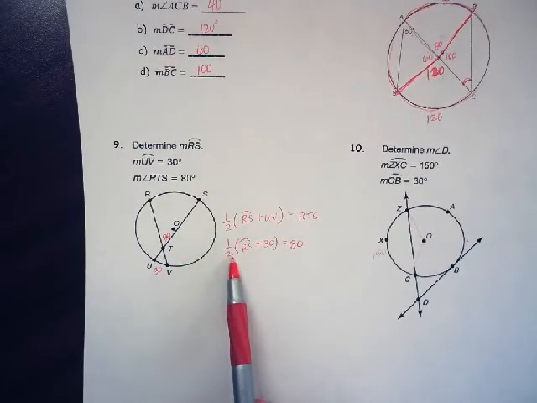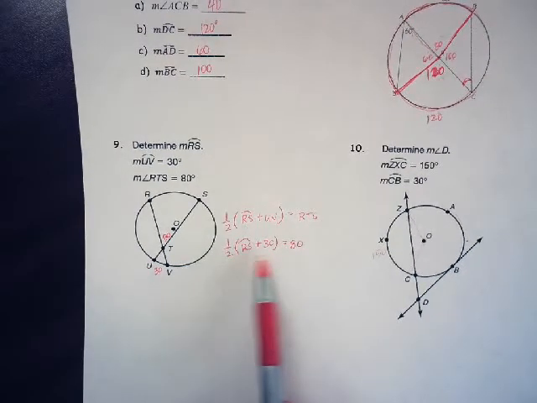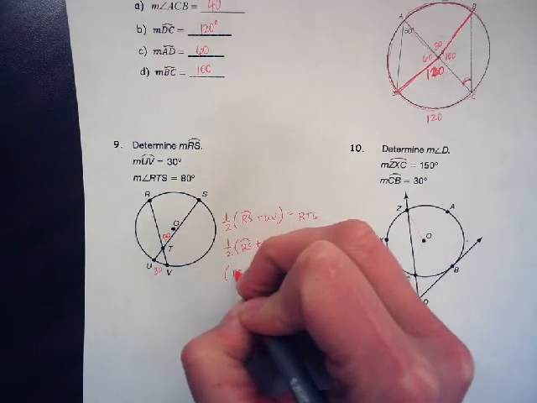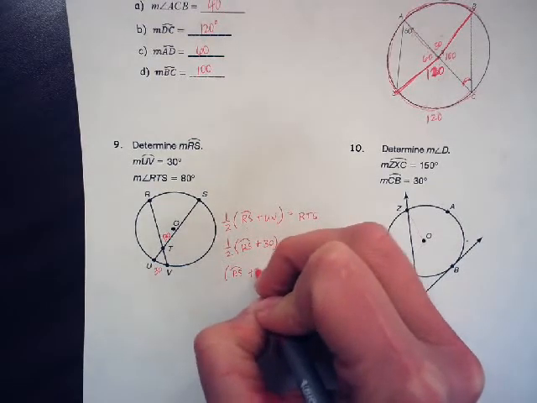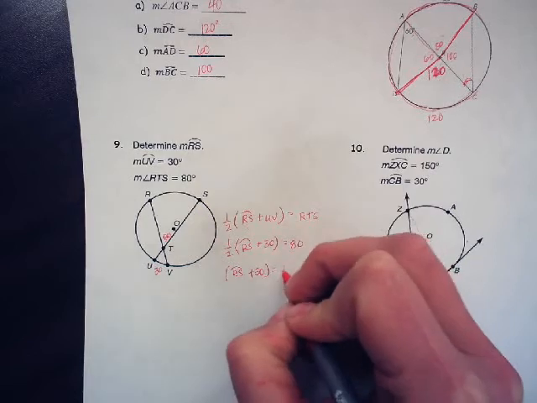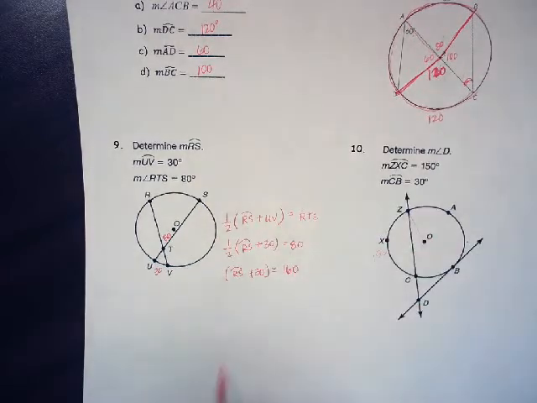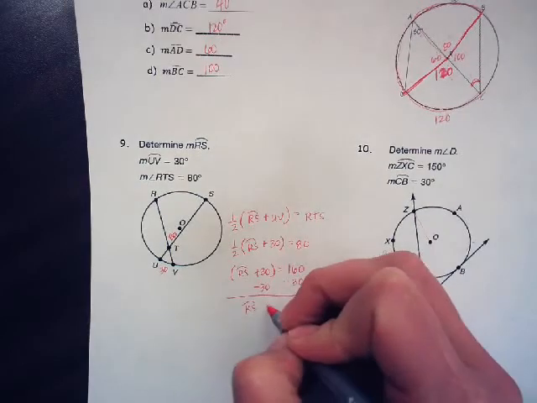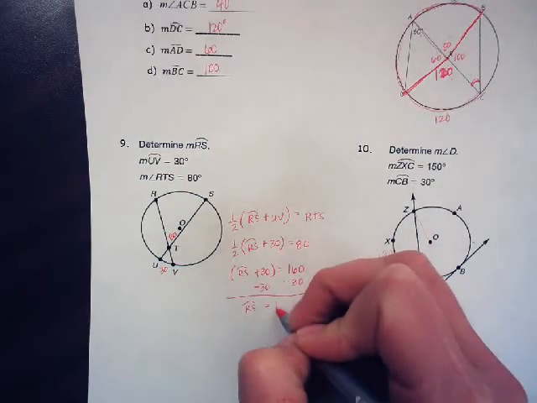So first thing I'm going to do is get rid of this fraction, so I'm going to multiply both sides by 2. That would leave me RS on this side plus 30 equals 160. I don't really need parentheses here anymore, so I can drop the parentheses, and that means I can just subtract 30 from both sides. So RS is 130 degrees.